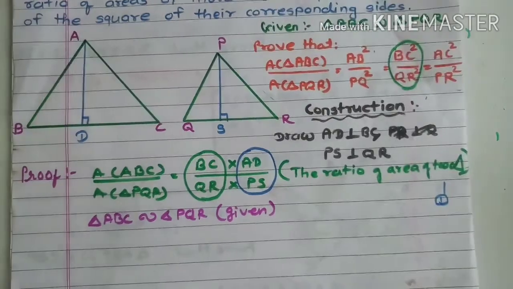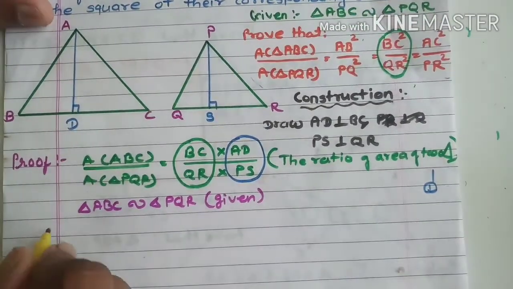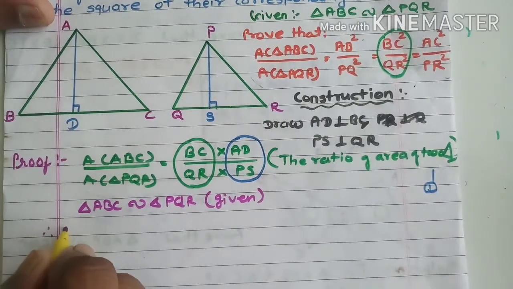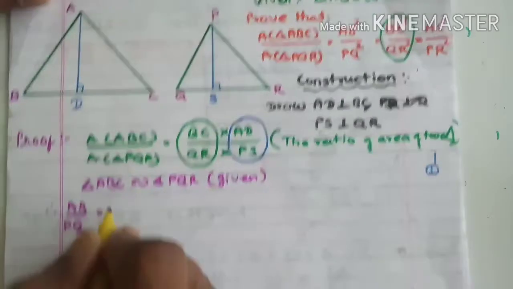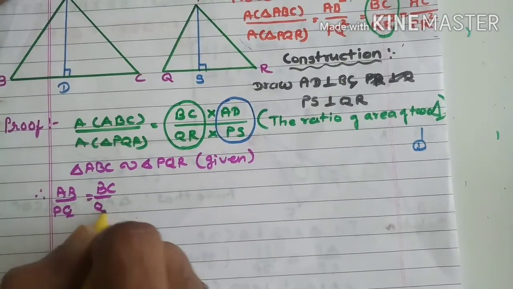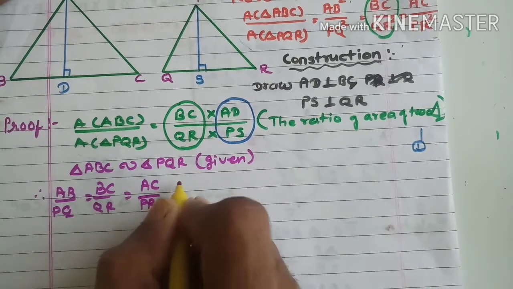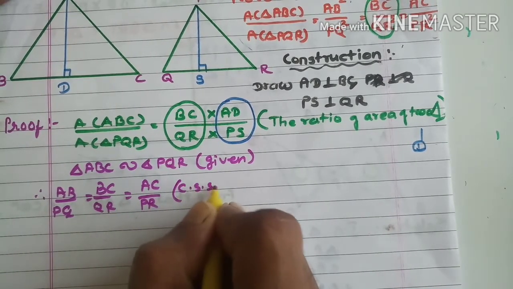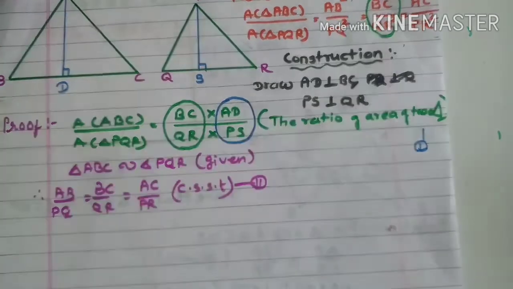If the two triangles are similar, then the ratios of corresponding sides are equal. Therefore AB upon PQ is equal to BC upon QR is equal to AC upon PR, corresponding sides of similar triangles. This is equation number 2.